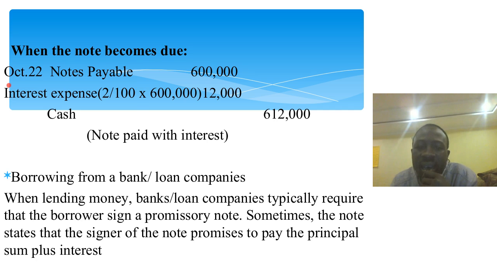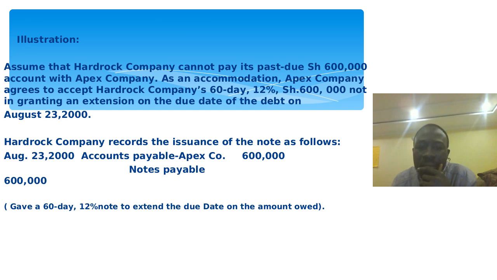And then the period here is October, so be cognizant of the time period. Remember, the note was taken on 23rd of August, and it is for 60 days.